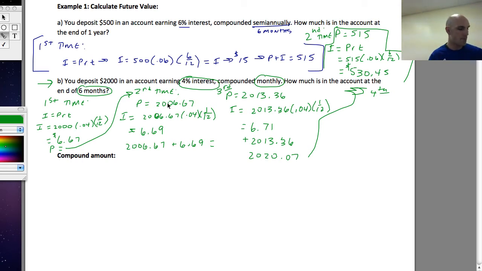Compound amount. The compound amount is how much we end up racking up over this whole time. And the formula is A equals P times 1 plus I to the N. What does that mean? A is the compound amount.